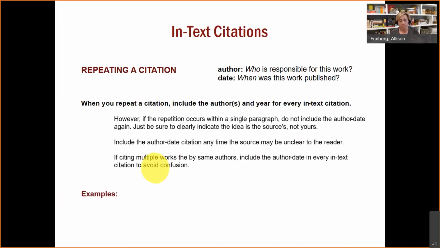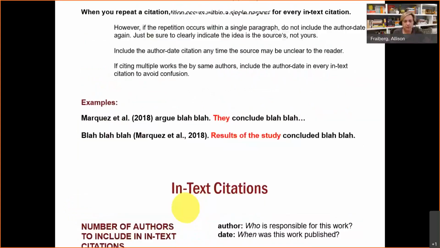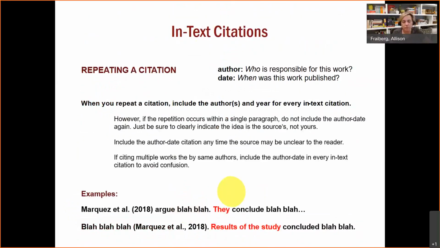Now, even if it's really, really obvious, like you're starting with Marquez et al. So this is by more than one author. This is Marquez et al. They argue blah, blah, because it doesn't matter. It's a paraphrase, right? Because there's no quotation marks. So blah, blah is all my words. But then I need to do something to signal that what I'm saying afterwards is still their idea.